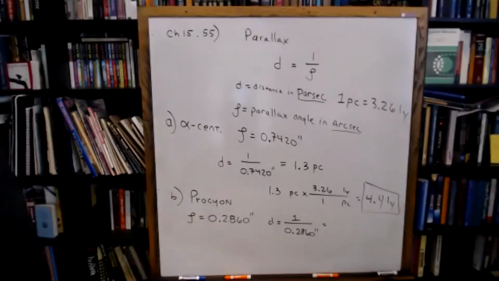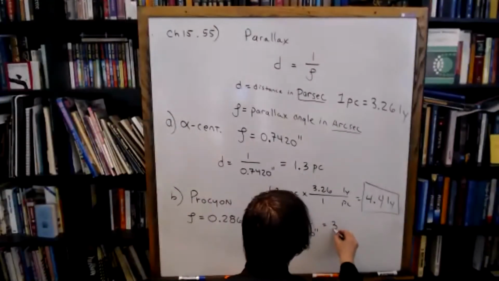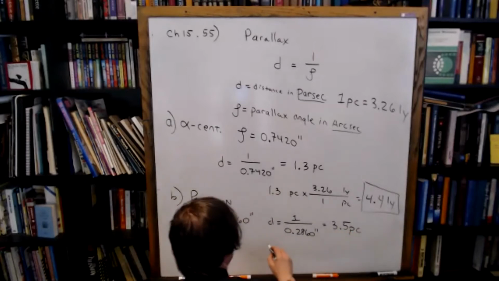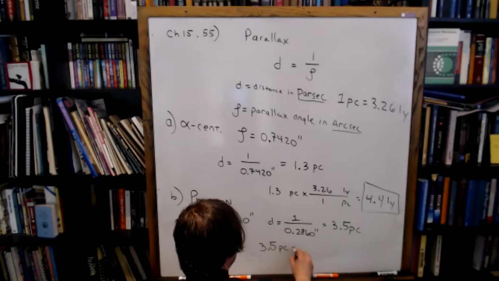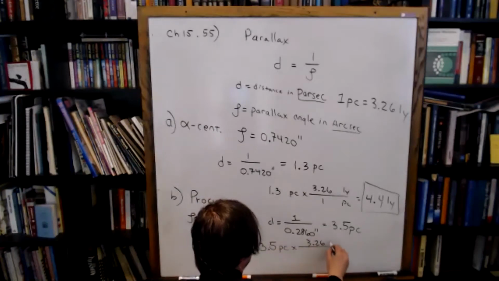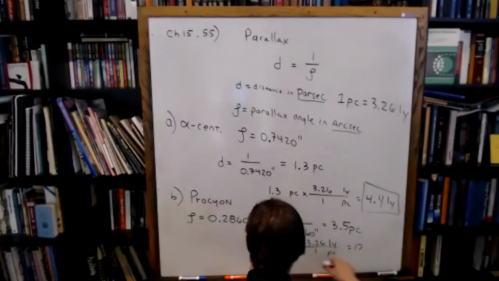3.5 parsecs. Okay. How many light years is that? 3.26 light years per parsec. 11.2, sorry.